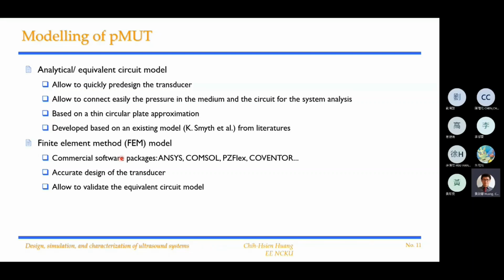In contrast, for the analytical circuit model, you can finish a parameter scan in, I think, at most 10 minutes. So it's a dramatic difference. Usually when we do modeling, we have these two working in parallel to help the designers design the device.